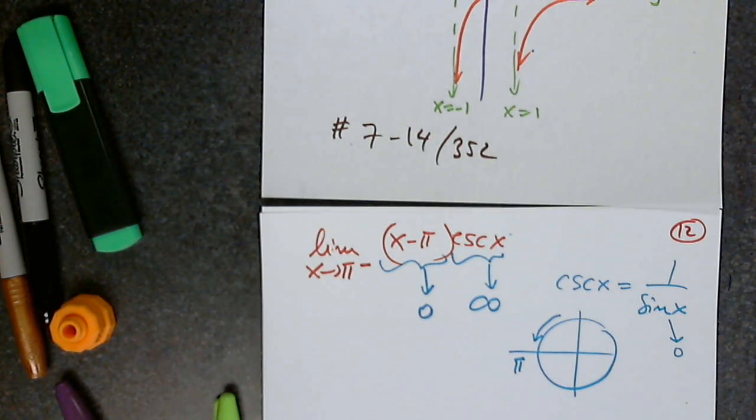I cannot use L'Hopital's rule on 0 times infinity. But I'm hoping for something. What am I hoping for? I'm hoping that I can change 0 times infinity into a ratio. Exactly. Yes.